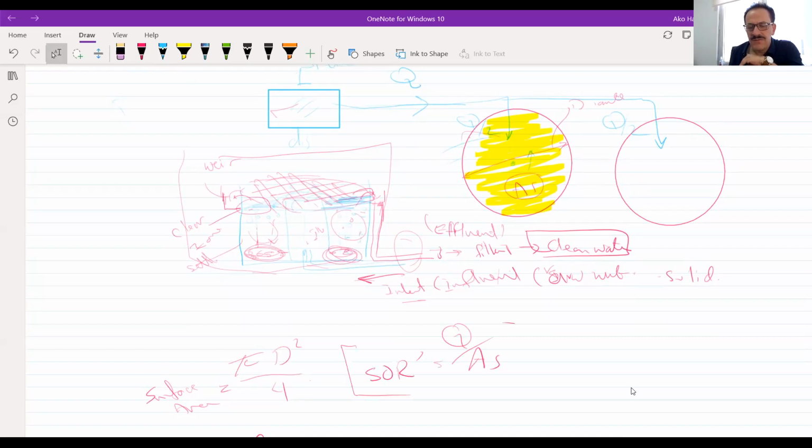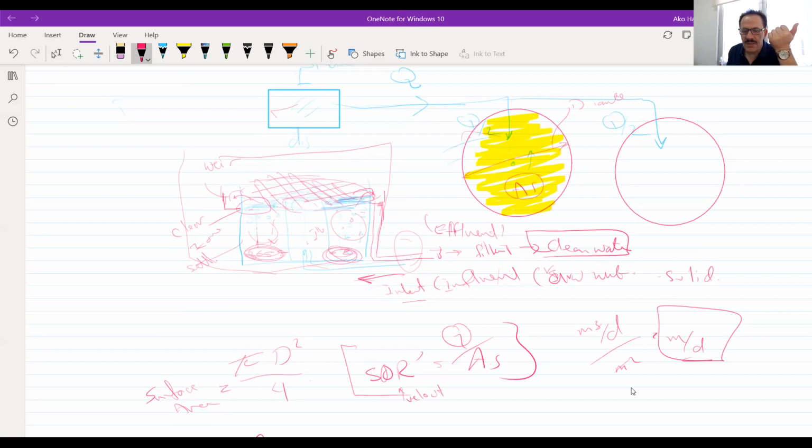So the definition of SOR is Q divided by area. By the way, SOR is a velocity, because the unit is meter cube per day divided by meter square, which gives meter per day, the unit of velocity. So SOR is Q divided by the surface area, the top area of this tank.